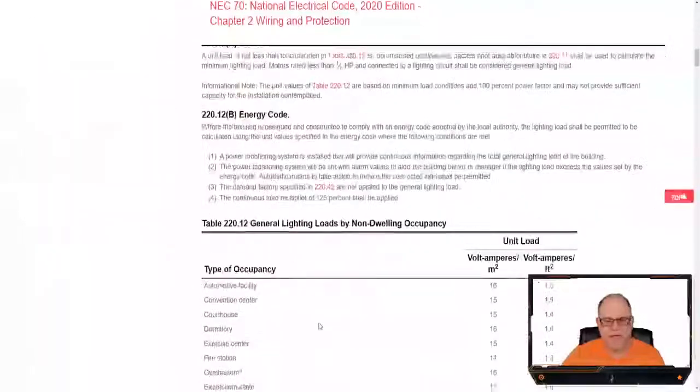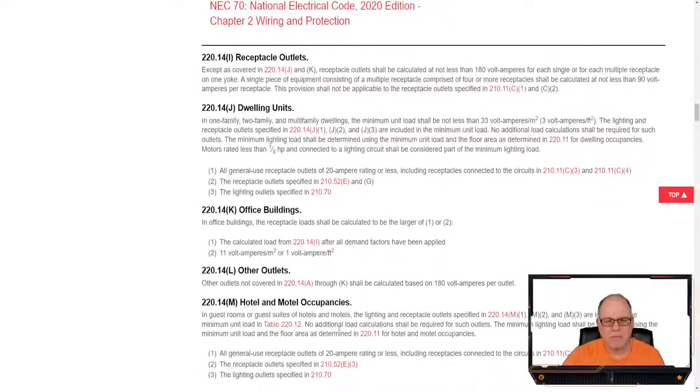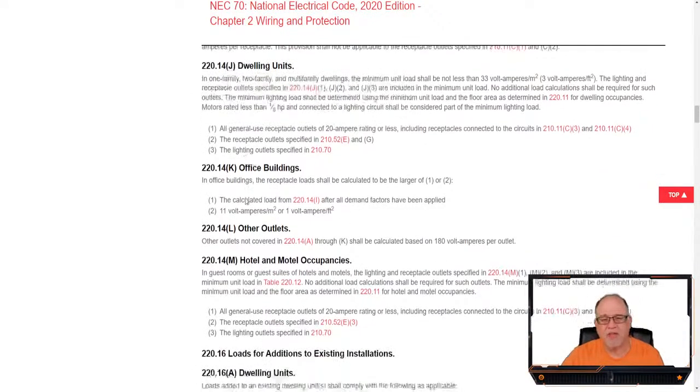All right, back to where we were. So then it also says that all those lighting outlets that are required by 210.70, okay? The lighting in the bathroom, the lighting in the kitchen, the lighting in the laundry, the living rooms, and lighting in other areas of the code that would require the lighting, already covered.